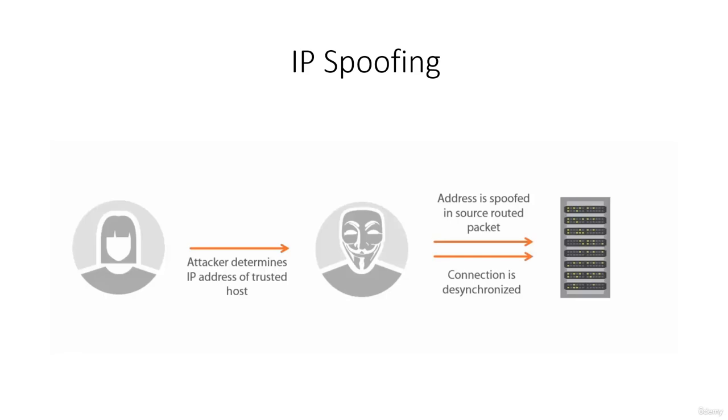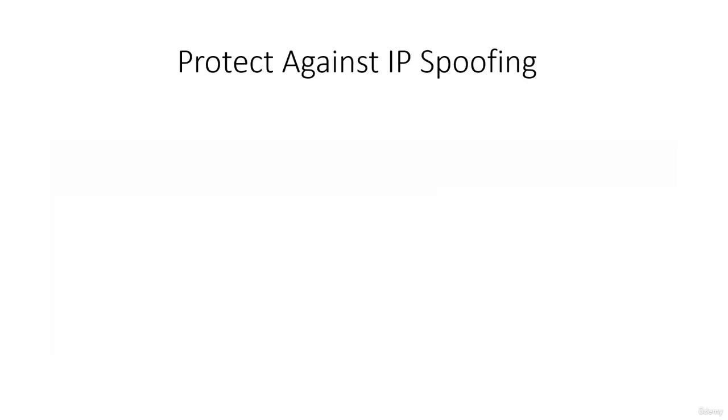So let's look at how to protect against IP spoofing. Use strong verification and authentication methods for all remote access, and do not authenticate devices and users solely based on IP address. Make an ACL of IP addresses, and use both ingress and egress packet filtering.